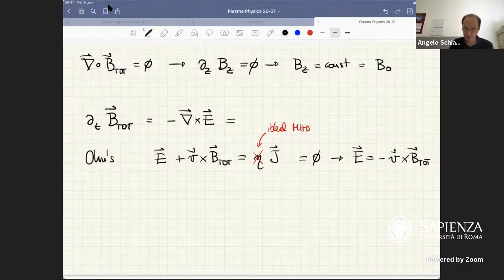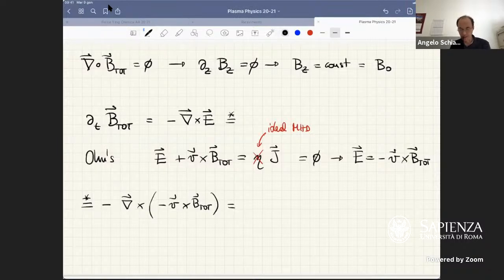So let's go down here, and this becomes minus the curl of, and substitute minus V cross B dot. So we made the electric field disappear, and we obtained an equation that links the magnetic field and the velocity field of the fluid. So this is the curl of V cross B dot.